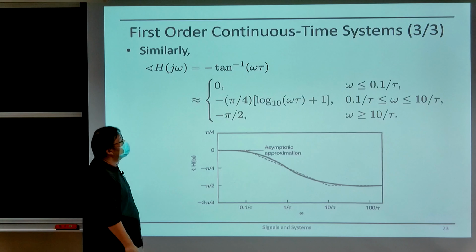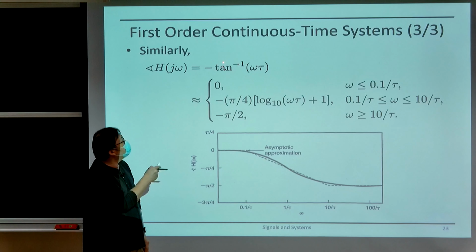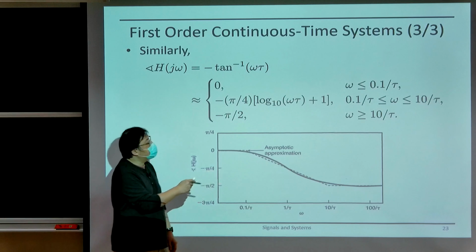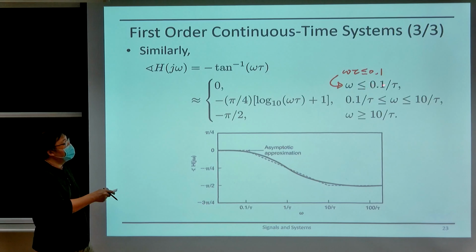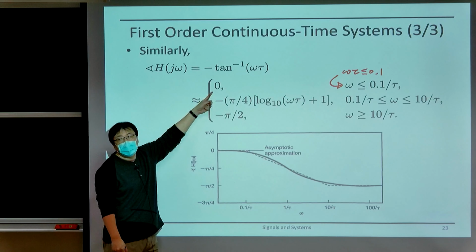Now, when omega tau is very small, close to 0, arctangent is also 0. So for omega tau very small, let's say less than 0.1, which means that omega is less than 0.1 over tau, we can approximate the phase as 0.